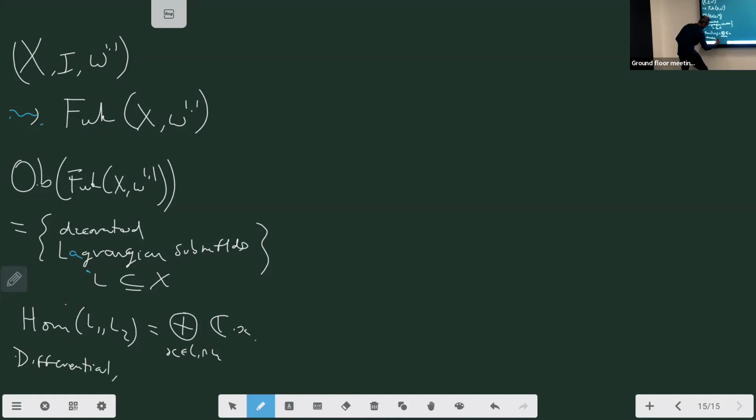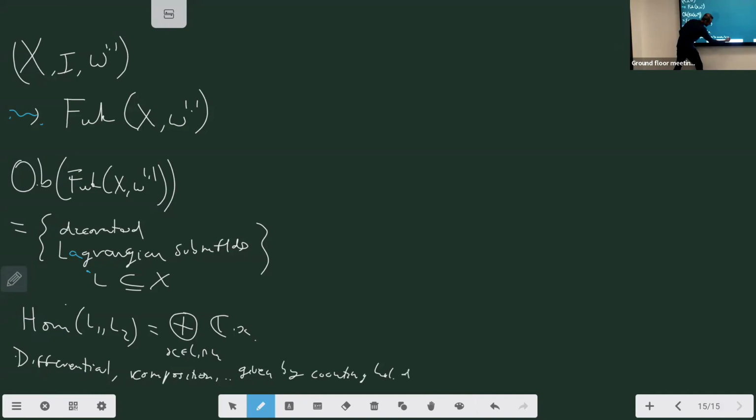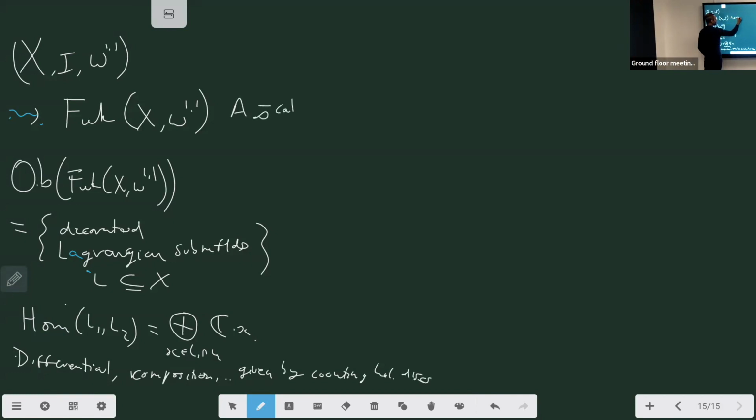Differential and multiplication, composition, etc. is given by counting holomorphic disks. And in fact, strictly speaking, this thing is not a DG category, not a differential graded category. This is an A infinity category. But every A infinity category is equivalent to a differential graded category.